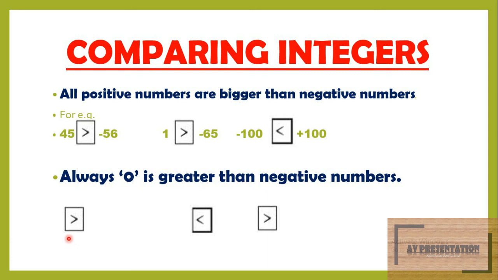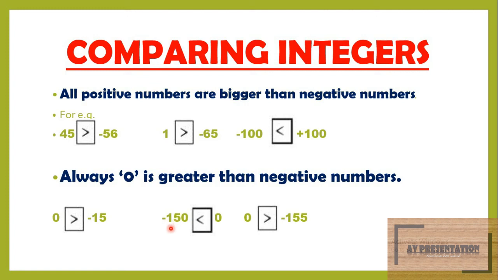Always 0 is greater than the negative numbers. Student, here 0 and here negative 15. In that example, 0 is greater than negative 15 because we learned the rule that 0 is always greater than negative numbers.